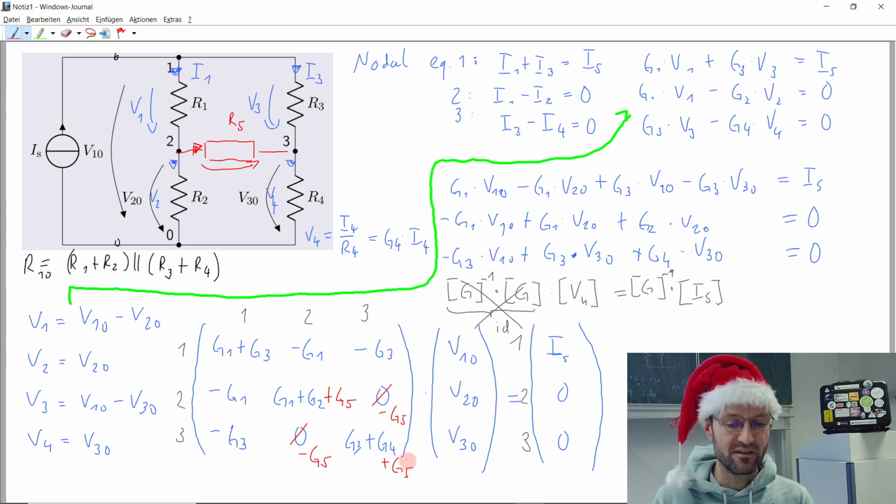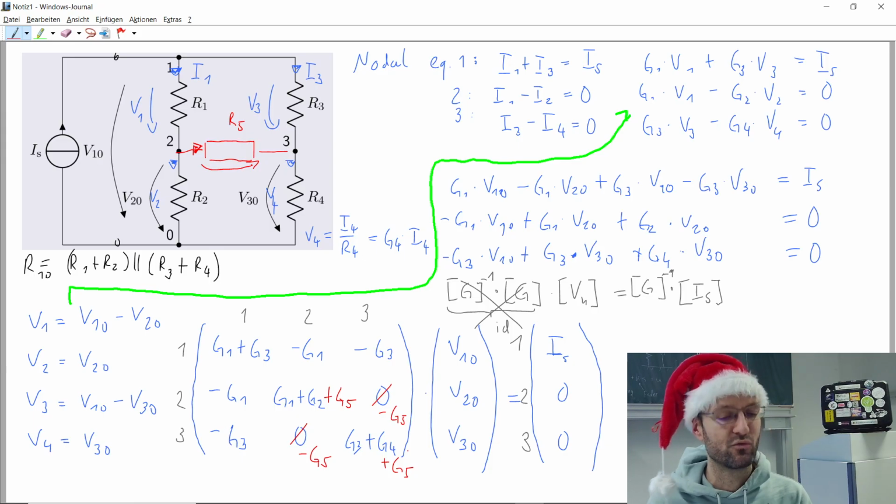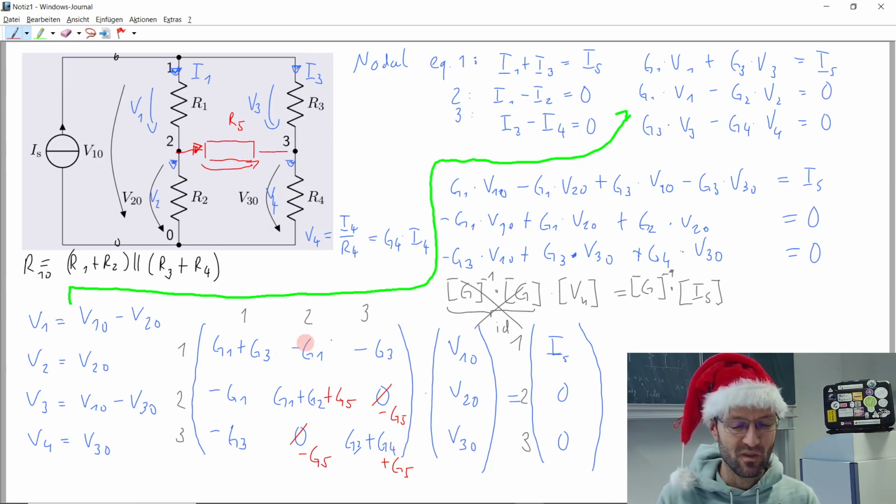This is nothing that we discussed before. What we have not discussed before is that the conductance of one resistor can appear 4 times in the matrix if it is not connected to the reference node.